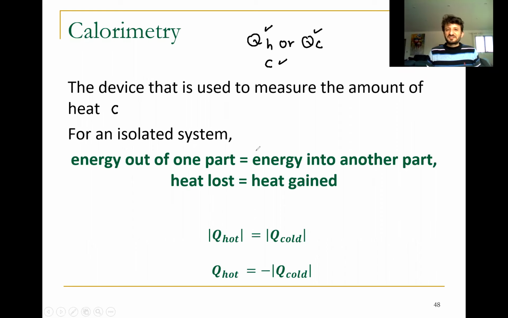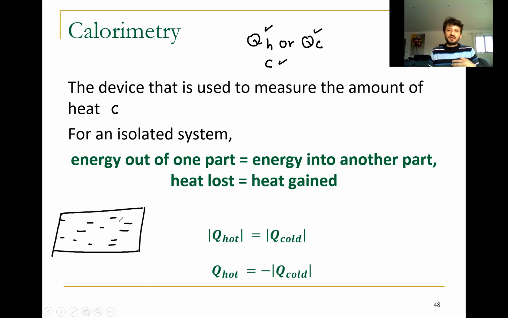What is the principle? Consider an isolated system. Inside the system we have water, in the external medium where we have the water, and inside we can put an object.